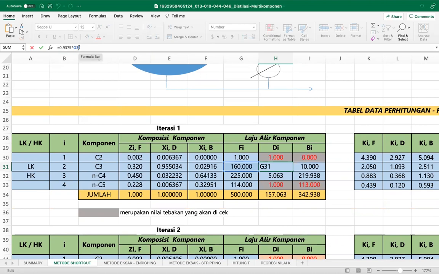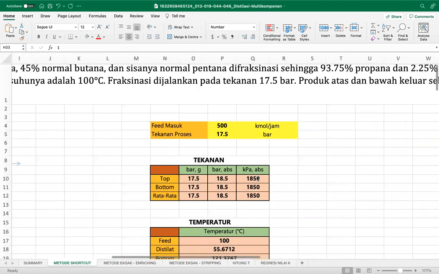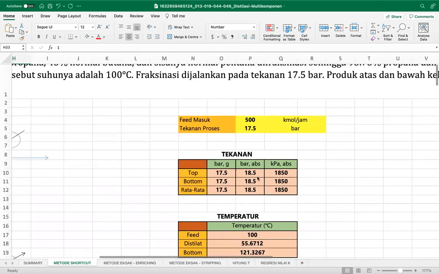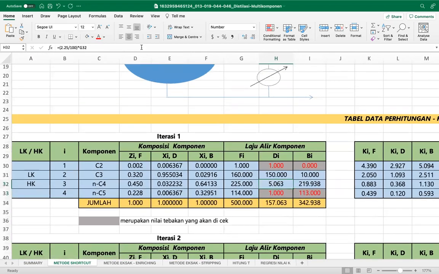And this one is also about 2.25%, should be G32. So about 2.25% of the feed goes to the distillate.